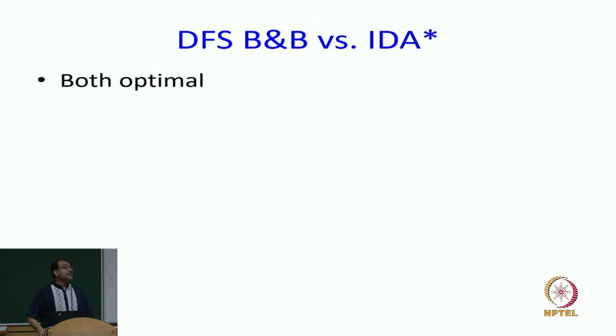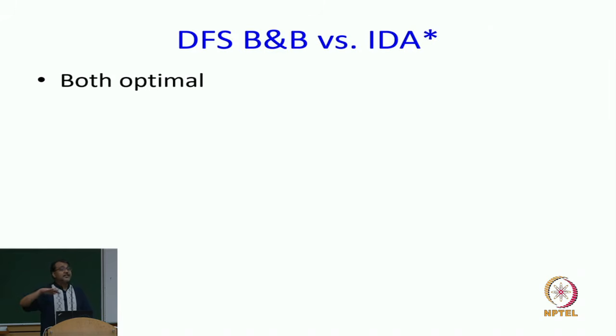However, both of them have, what about memory properties? Memory is not exponential necessarily, right. Because I am doing depth first search in both situations, my memory never becomes exponential. Look, you guys need to be able to do this analysis yourself.